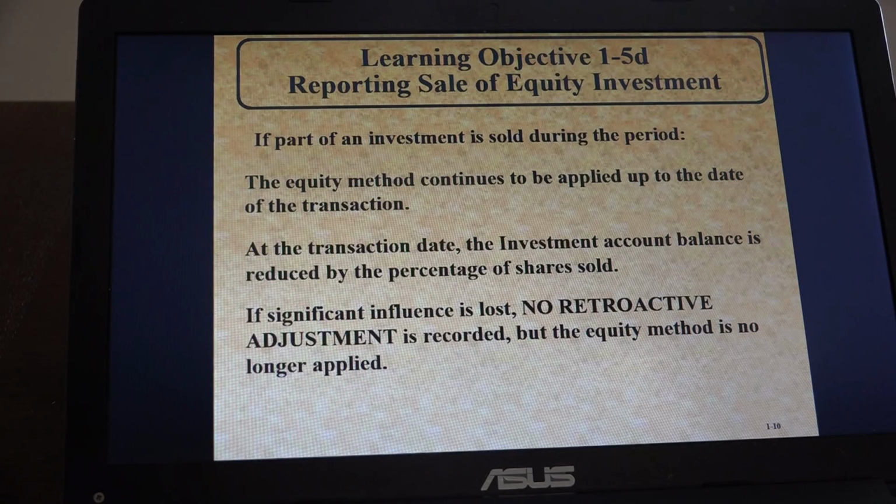The answer is no, there's no retroactive adjustment. You just stop applying the equity method as of the date that you no longer have significant influence, from that date forward.